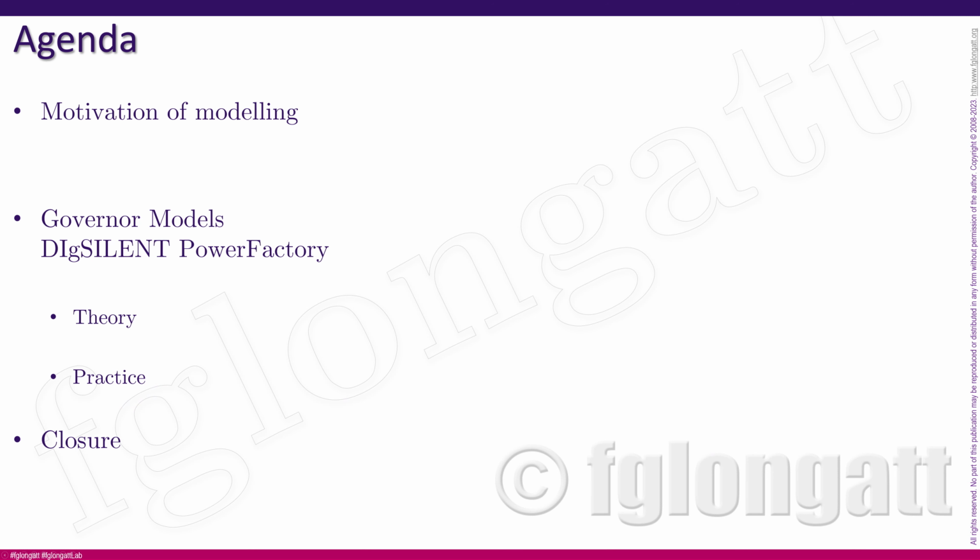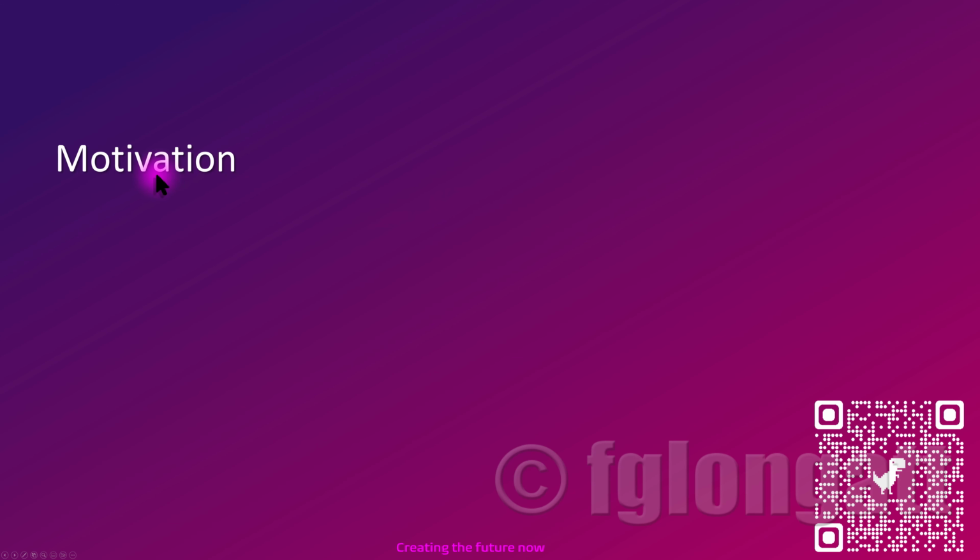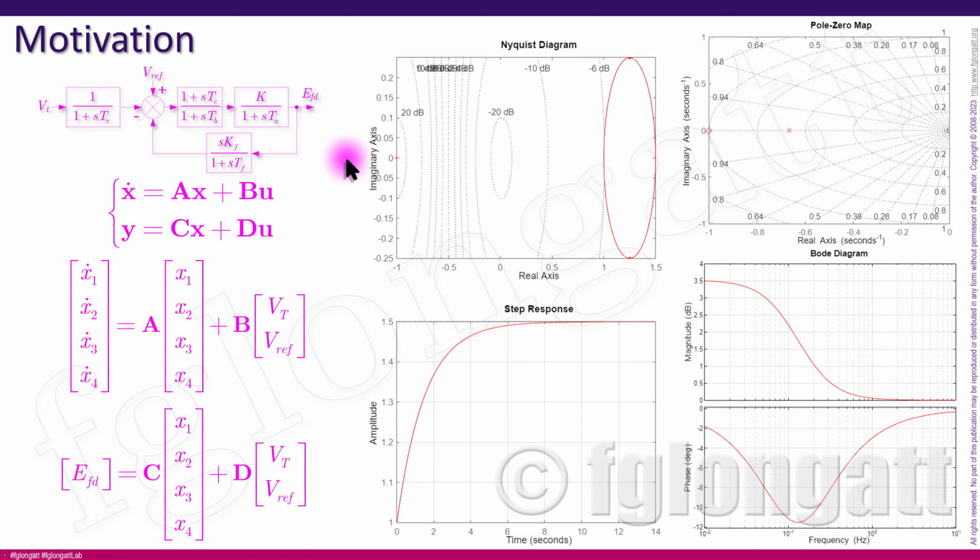Well, let's start with a short motivation, and the motivation is very simple. Inside electrical power systems, we have many controllers. Those controllers have very specific dynamics, and there are very interesting techniques to analyze their performance.